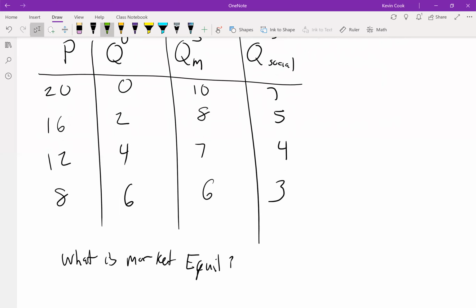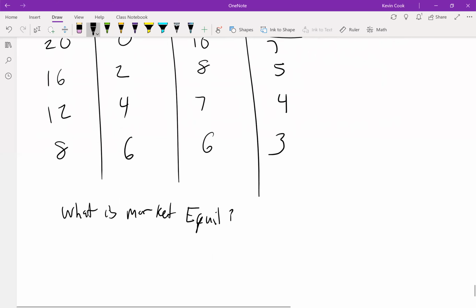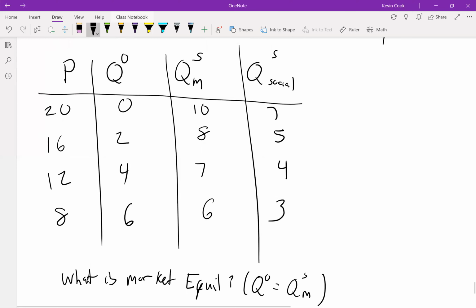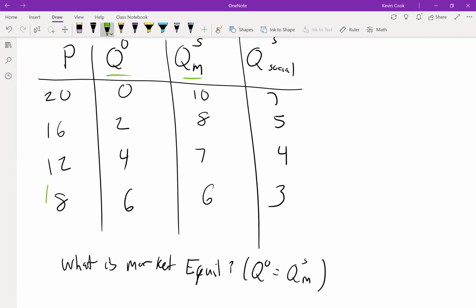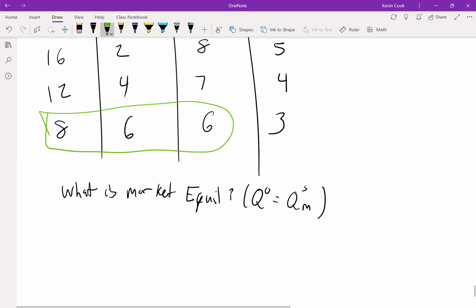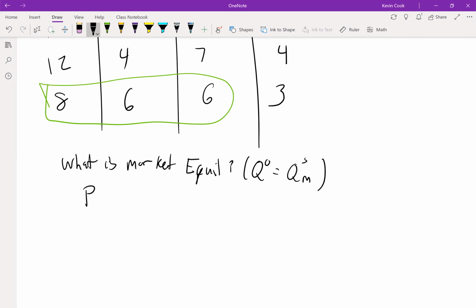And for this case, what we're looking at is where QD is equal to the supply by the market. So we're looking for these two to be equal, which we see down here when the price is 8 and the quantity is 6. So our price will be 8 and our quantity for the market would be 6.